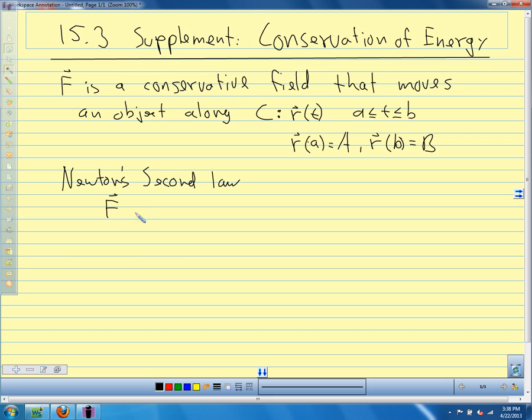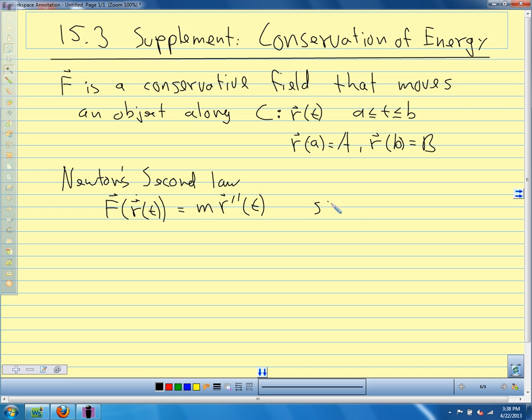So the force as a function of position, F of r of t, is the mass times r double prime of t. Force equals the mass times the acceleration. So force at our position equals mass times the acceleration at that particular value of the parameter t.